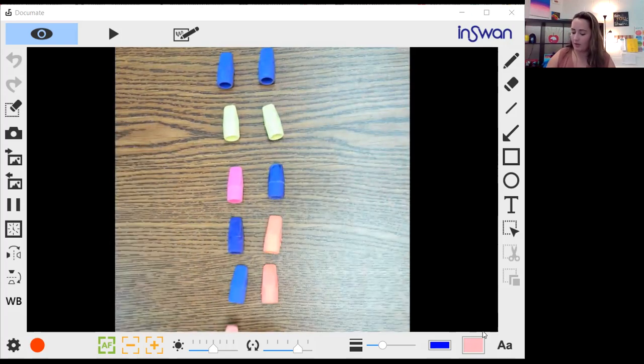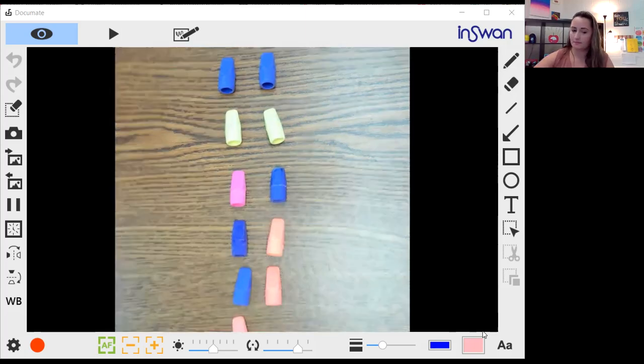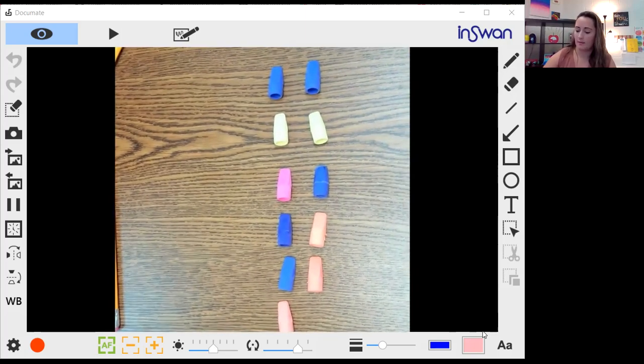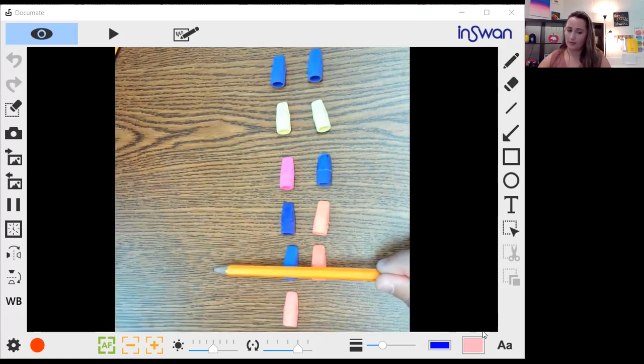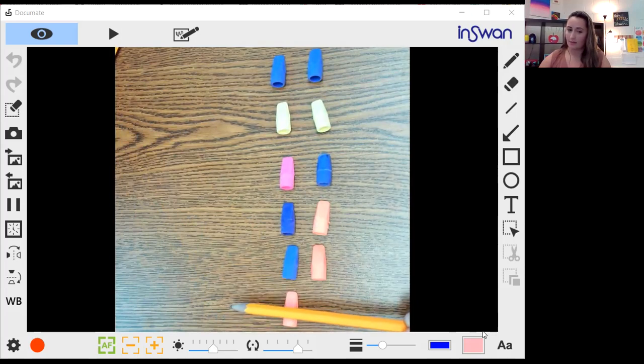And when I add my 11th one that I've collected, I know 11 must be odd because look, my last eraser doesn't have a match or a partner. If it did, and I had 12, then that would be an even number. But because this doesn't have a one-to-one correspondence, meaning these don't match up, this one doesn't have a partner. So because there is no eraser here, 11 has to be odd. It doesn't have a partner, okay?